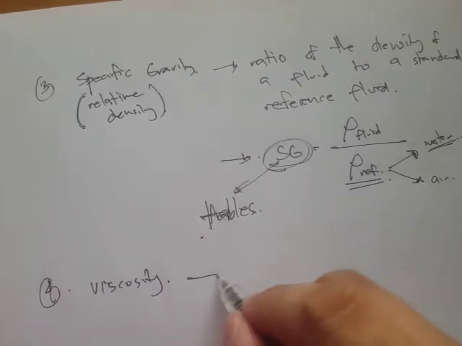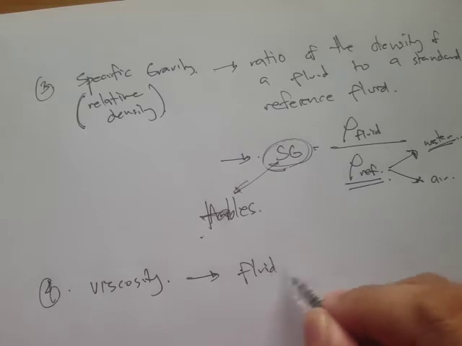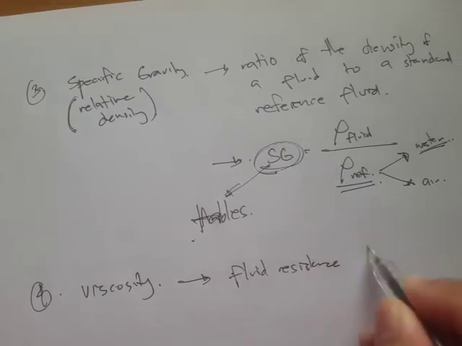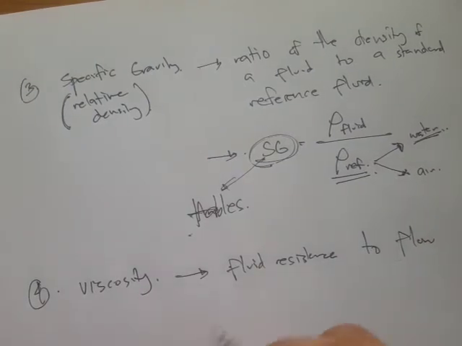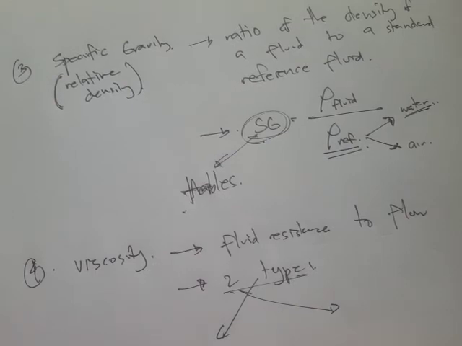As I have said, viscosity is the fluid resistance to flow. And we have two types of viscosity. Okay, so two types. One is referred to as just viscosity, or precisely, let's just write dynamic viscosity. Sometimes it's called absolute viscosity, right?